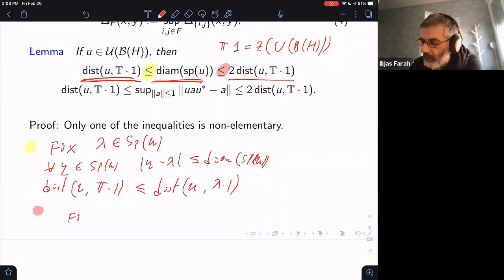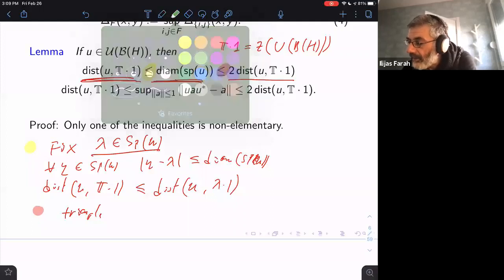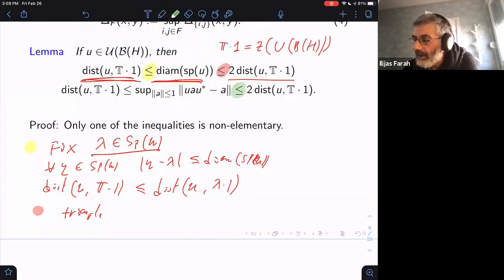Okay, so again, with the same lambda fixed here, for every eta in the spectrum, the distance is less than or equal to the diameter, and by the triangle inequality, you get that the diameter is less than or equal to 2 times the distance, right? So it's the triangle inequality.